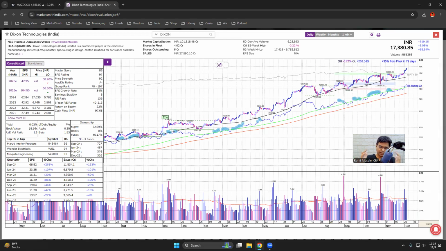As I said earlier, by the time the stock goes from base number one to base number three, it has probably given you a triple digit return. And by the time it goes from three to base four or five, it has probably given you another triple digit return. Okay. So by the time a stock goes from base one and two to base five or six, you might expect a high triple digit return, like more than 100%, more than 200%, sometimes 500%.